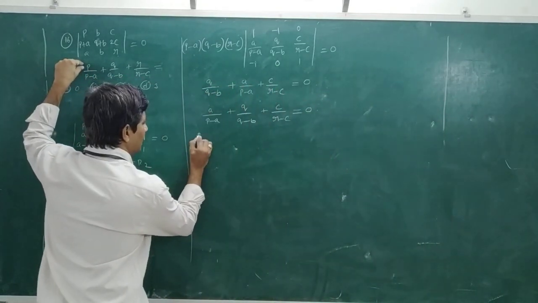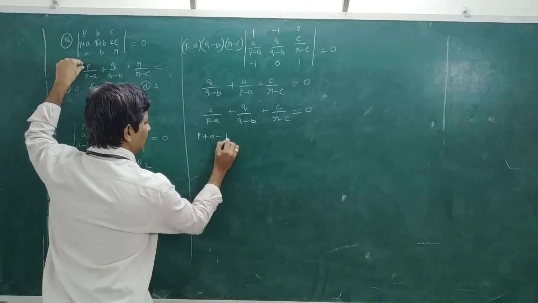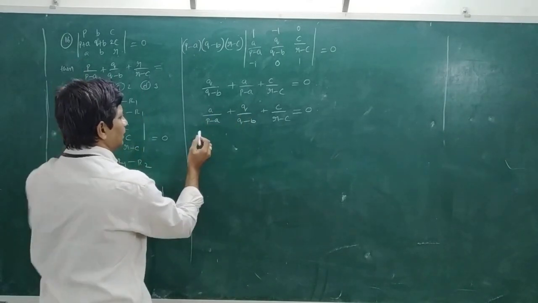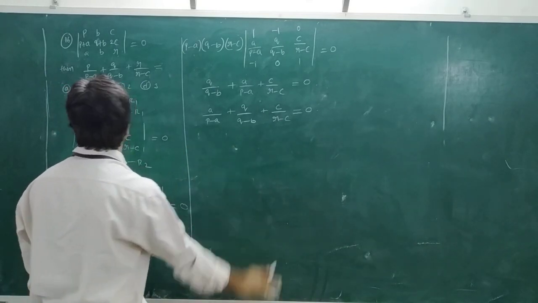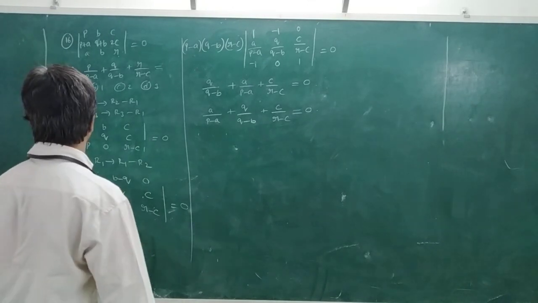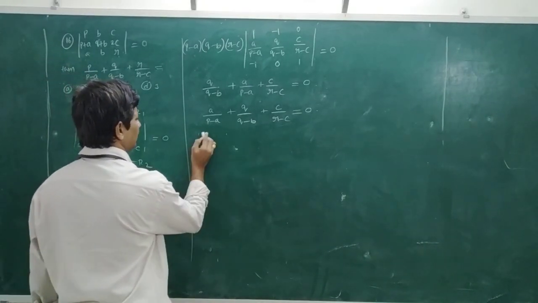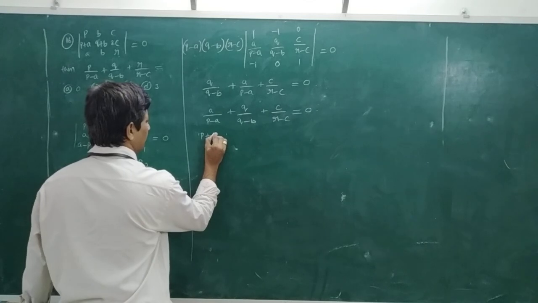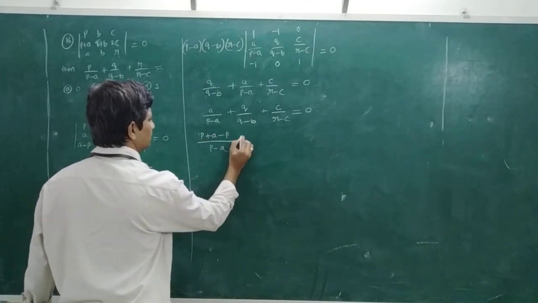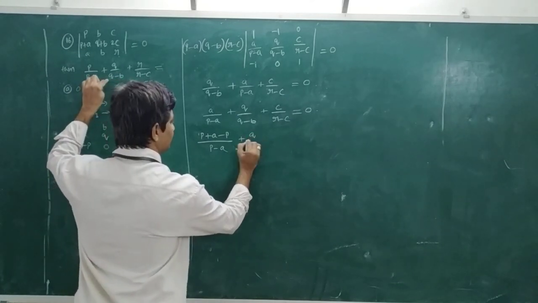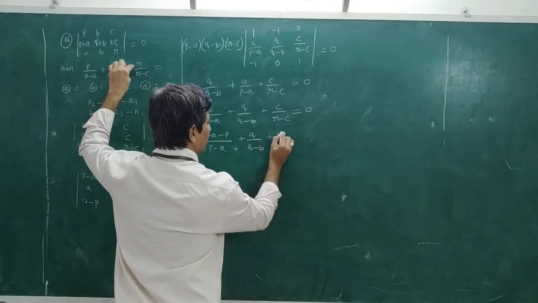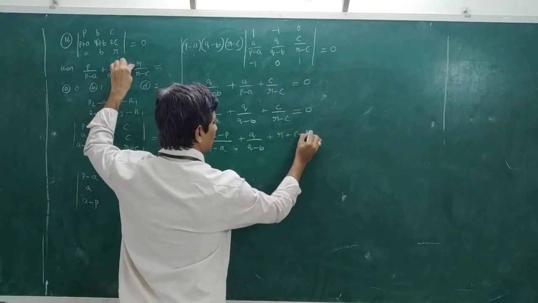So add P and subtract P. Then P plus A minus P by P minus A, plus Q by Q minus B as given, so no need to change that. Here the numerator R is needed, but we got C. That's why add R and subtract R here.